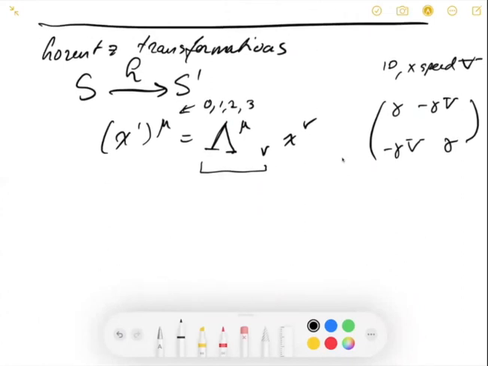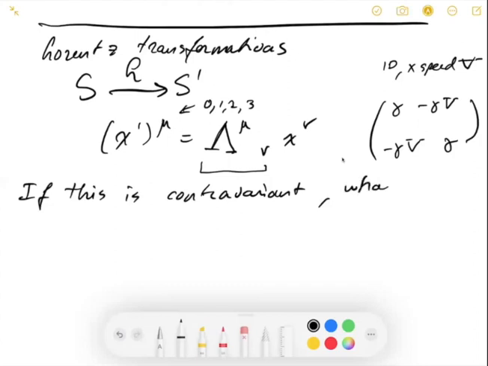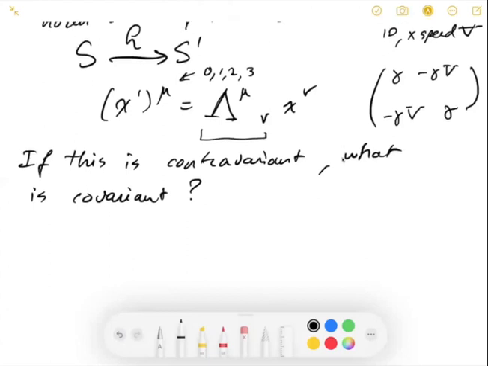Now, if this is contravariant, what is covariant? What does covariant mean? Let's review.